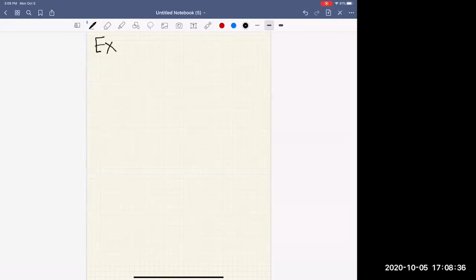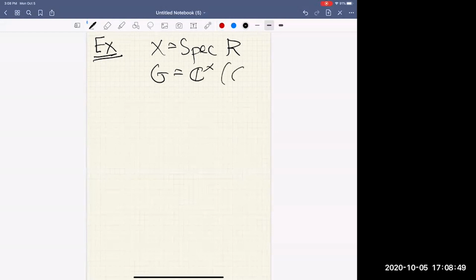Example 1. X is going to be Spec R, X is going to be affine, and G is going to be C star, or G_m if you prefer. So then this just means that R is a Z-graded ring.